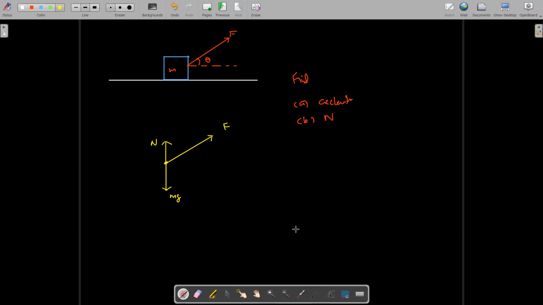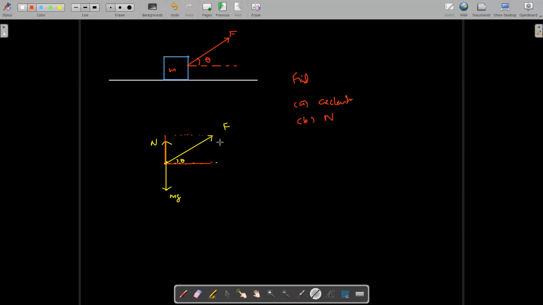Okay. Here again we'll have to resolve the force into x and y components. Right? If we convert the force into x and y components, here the angle theta is given. So the x component will point from here like this, and we know that the y component will be something like this, right?